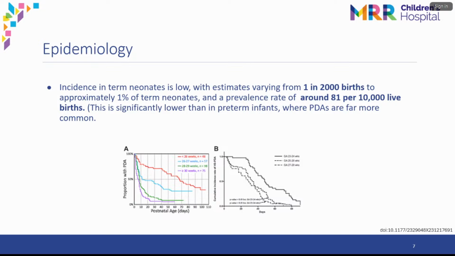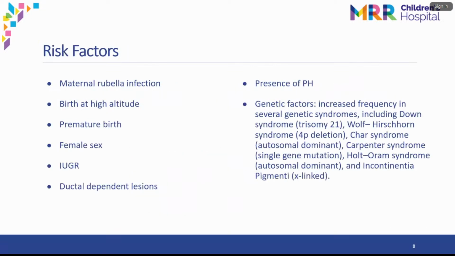This is significantly lower than in preterm infants, where PDAs are far more common. Risk factors are maternal rubella infection, birth at high altitude, premature birth, female sex, IUGR, ductal dependent lesions, presence of pulmonary hypertension, and genetic syndromes like Down syndrome, Holt-Oram syndrome, and incontinentia pigmenti.